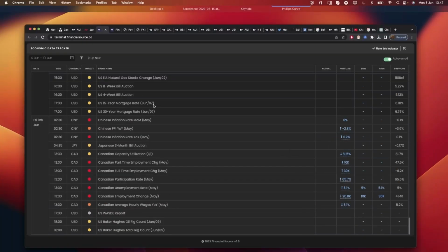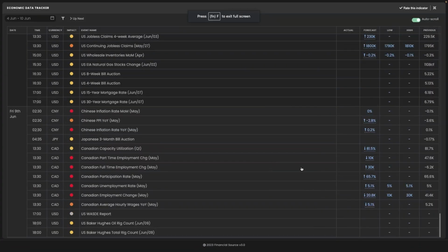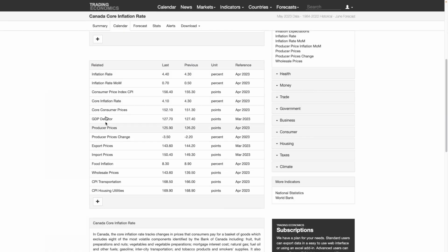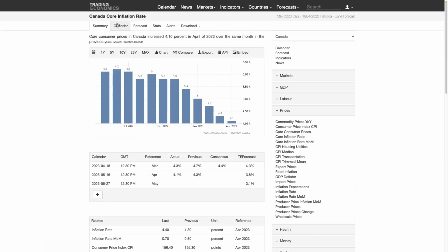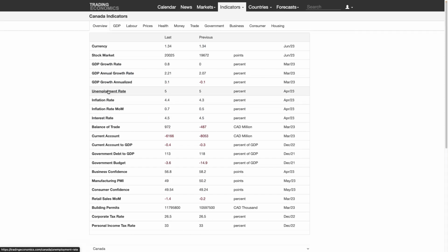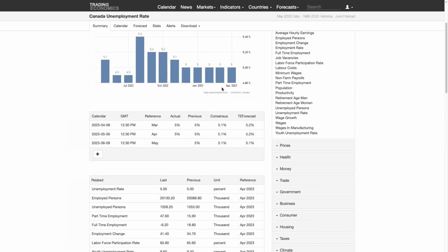Now, how does that work for Friday? Well, it works like this. The headline figure is expected to see jobs fall to 20.8 thousand from 41.4. If we look at the employment data for Canada, unemployment's at 5.